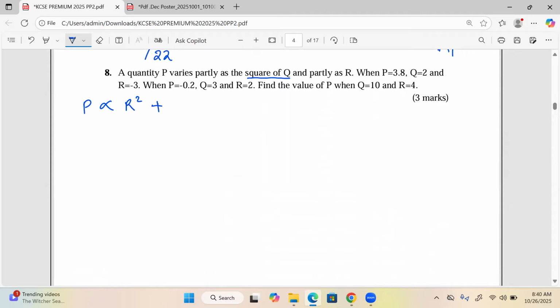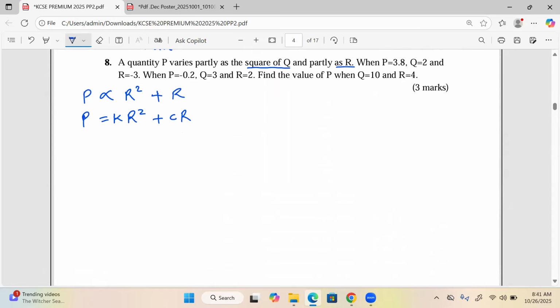The other part as R, just as R. So we can do away with the symbol of proportionality here by introducing 2 constants. Whenever we are dealing with partial variations, constants are usually 2. So P equals a constant times Q squared and another constant to multiply R. In this case, K and C are constants. We're now supposed to use the provided conditions here to find the exact values of the constants.